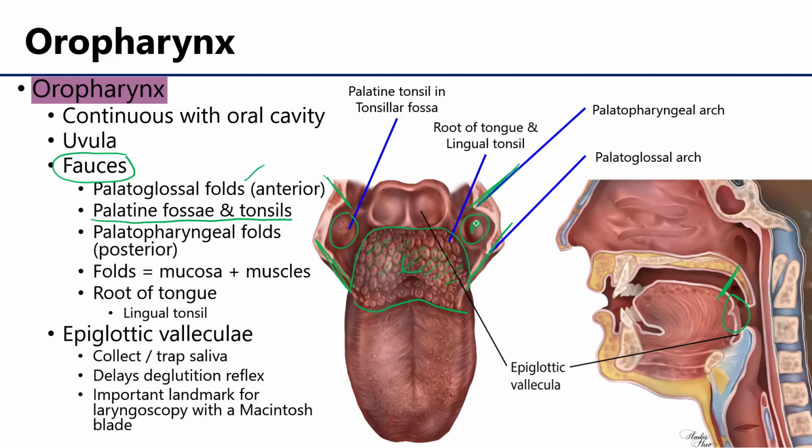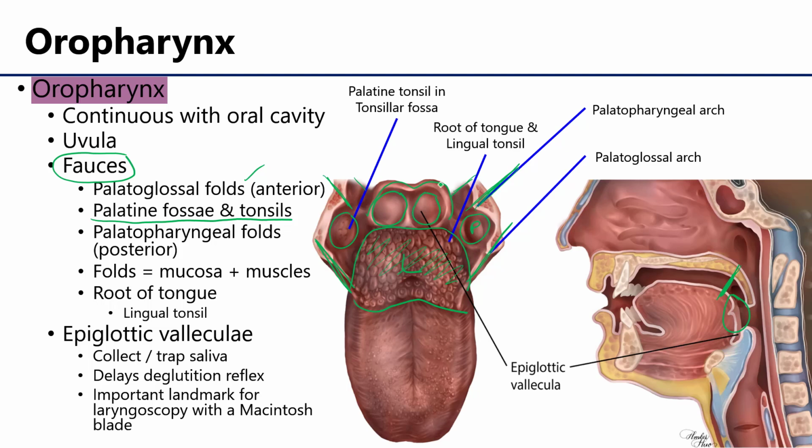Posterior to the fauces, we can see some of the palatopharyngeal folds, and we can also see this little cusp here. That's the epiglottis. That's one of the cartilages of the larynx that's invested by mucosa. And superior to this, we have two little indentations.